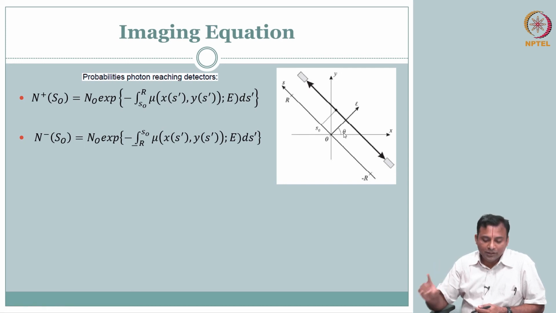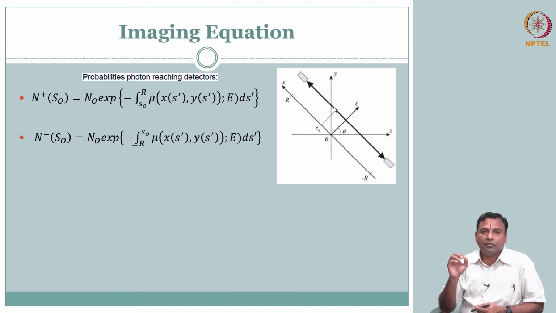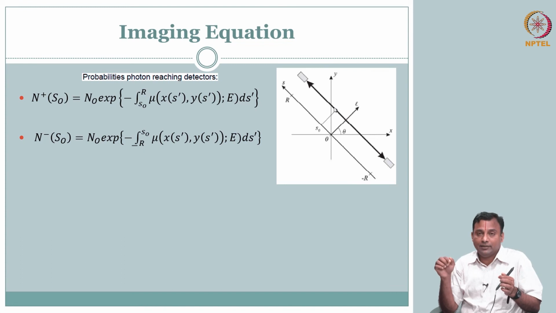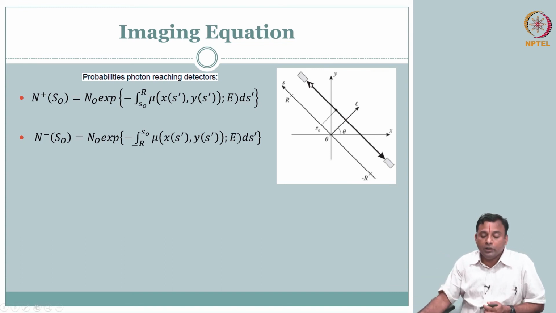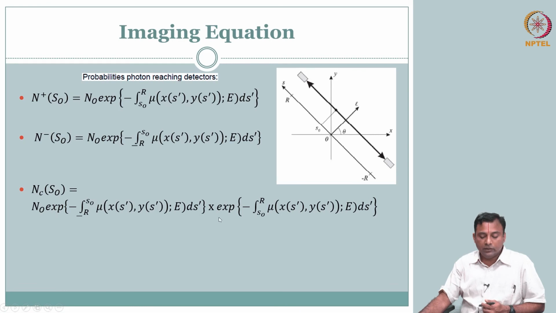The other good news is, if whatever I detect is something real, the activity of interest, then it has to be coincident. And therefore, what is the probability that you will have this and this? The probability of this is this one, the probability of detecting here is this one. So, the probability of this and this is going to be this multiplied by that.